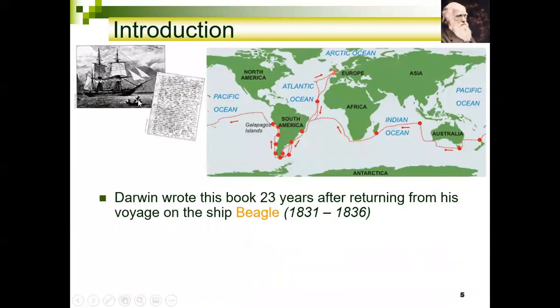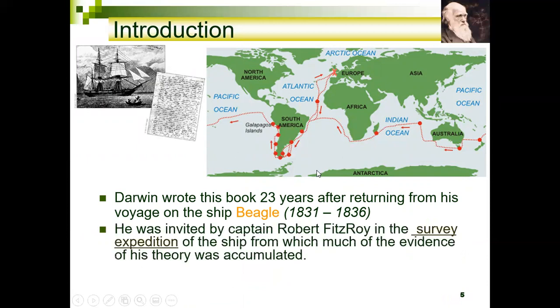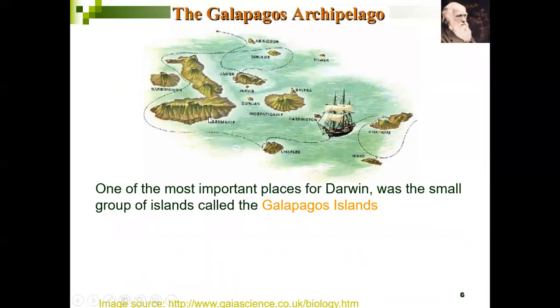He went on a voyage for many years around the world, and whenever he arrived at, for example, Australia, South America, or the Galapagos Islands, he collected a lot of data through his observation of the organisms. The famous one is in the Galapagos Islands, where he observed the finches. These are a lot of tiny and big islands formed because of volcanic eruption.